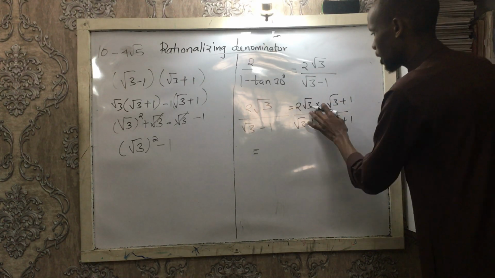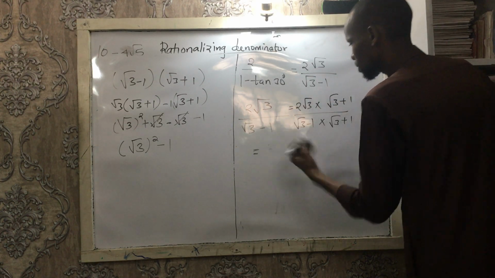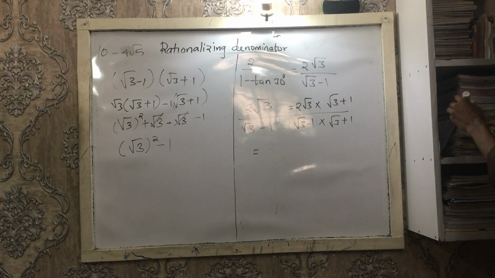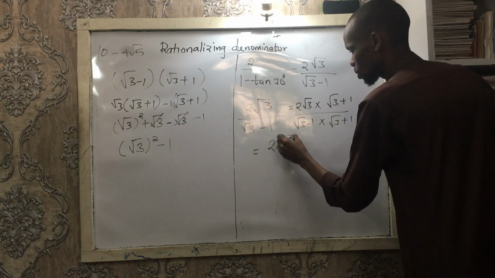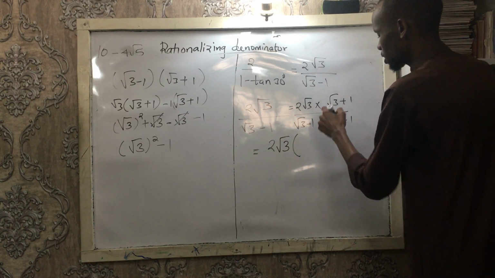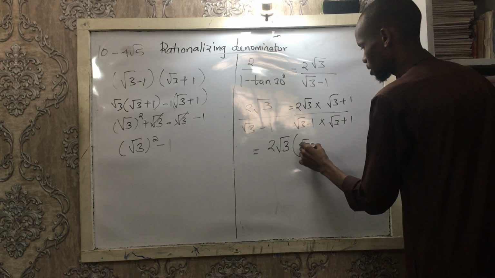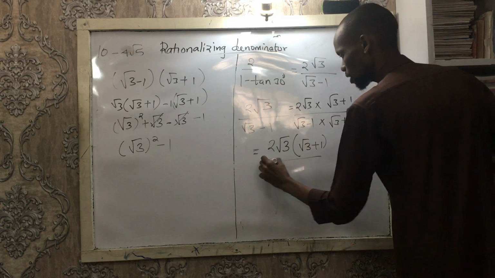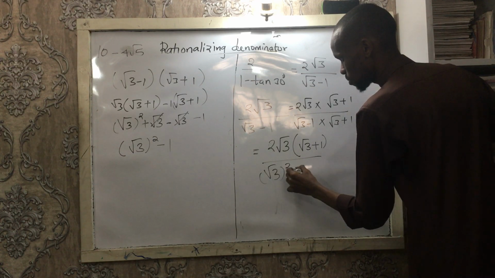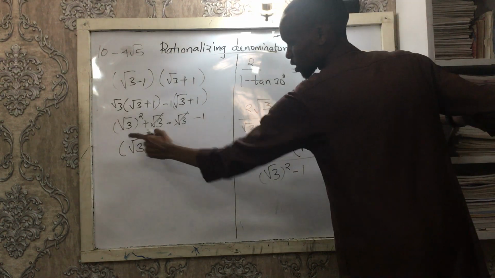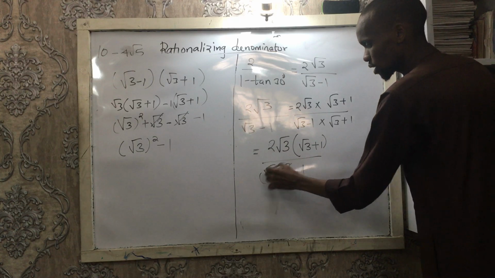So we'll have 2 root 3, right? Into bracket root 3 plus 1, right? Over root 3 squared minus 1. You remember now our concept? Yeah. So this one will cancel out, right?